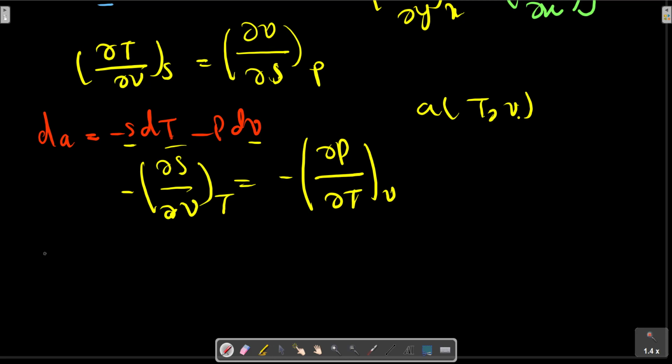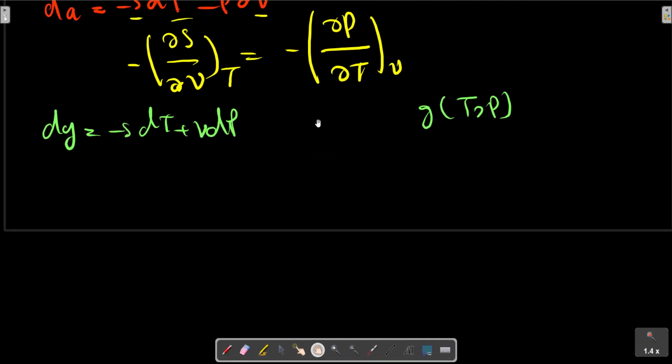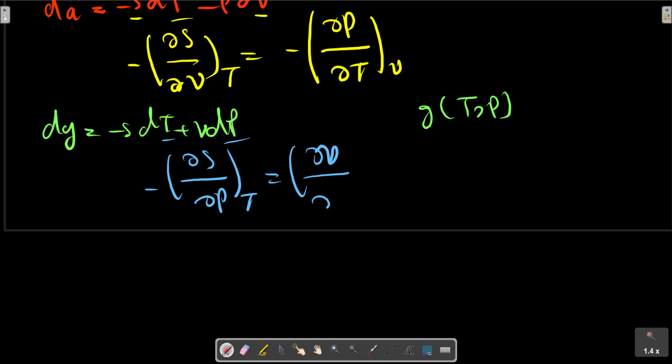The next relation is for the Gibbs function, dG equals minus S dT plus V dP, a function of T and P. From this, we can write the relation: the partial of S with respect to P at T constant equals minus the partial of V with respect to T at P constant.